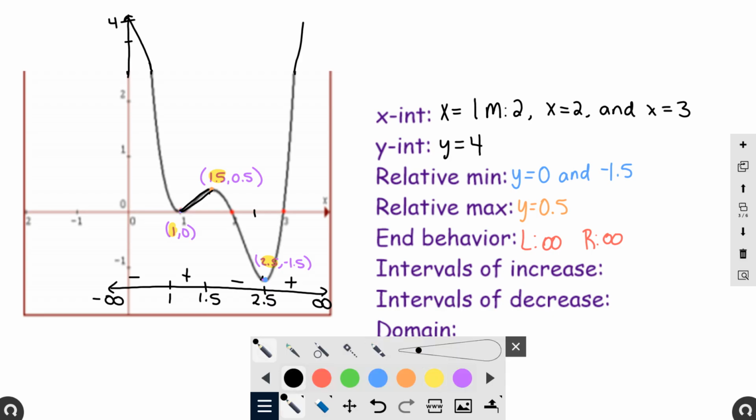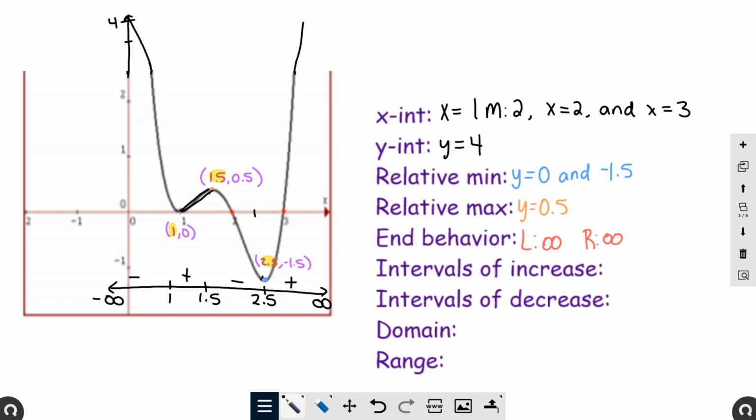Okay, so now let's write down the intervals that increase. There are 2 intervals that increase. Good. So between 1 and 1.5, and 2.5 to infinity. Where do I decrease?